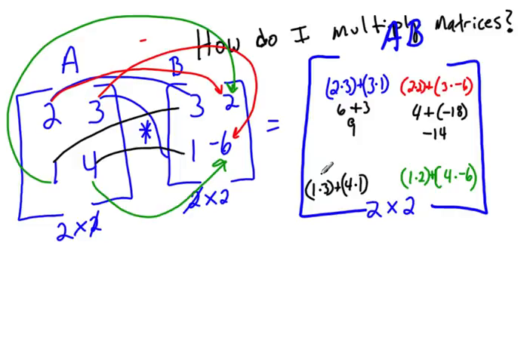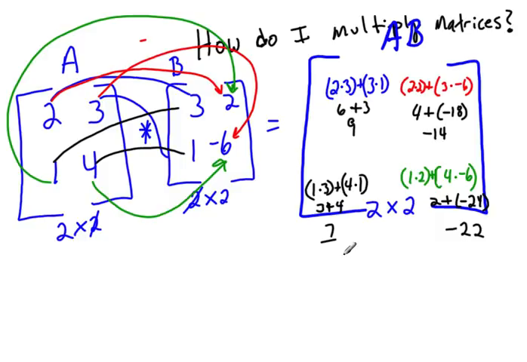This guy is 3 plus 4, which is 7. And then this guy right here is 2 plus negative 24, which is negative 22.